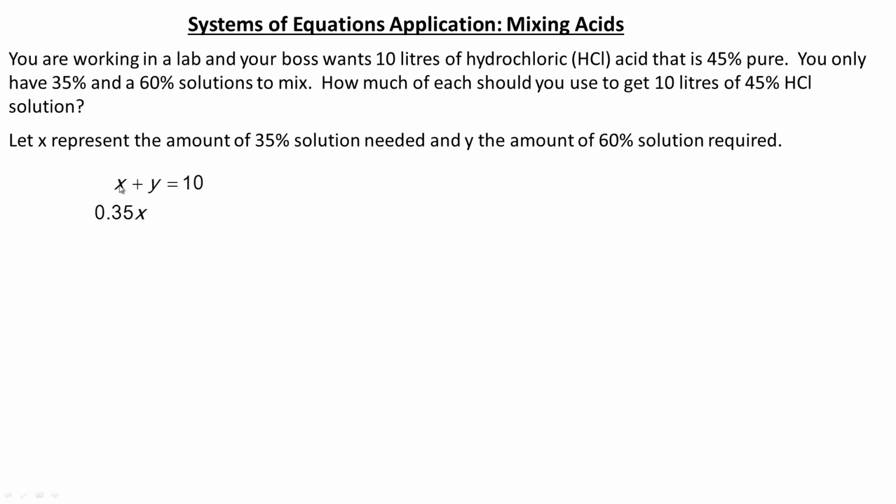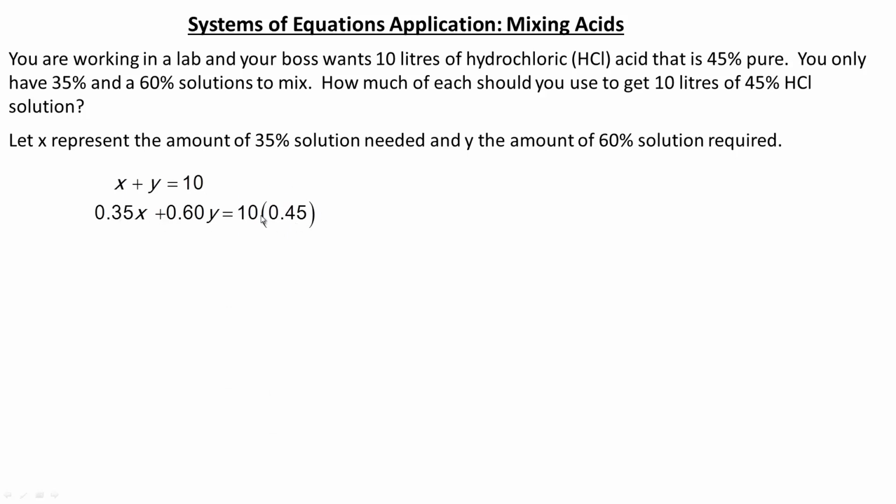So if you multiply X by 0.35, that's the amount of pure acid in those liters of solution because it's 35% pure. Then we add 60% of the Y amount, because that's the acid coming from that part. Those two together should give the amount of acid in your final solution, which is a 10 liter solution that's 45% pure.